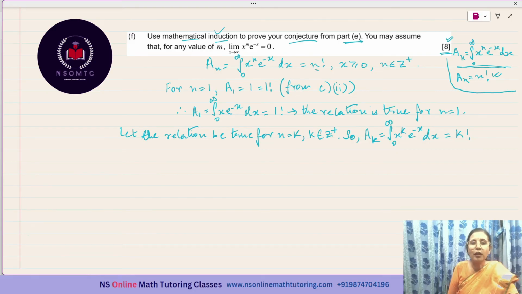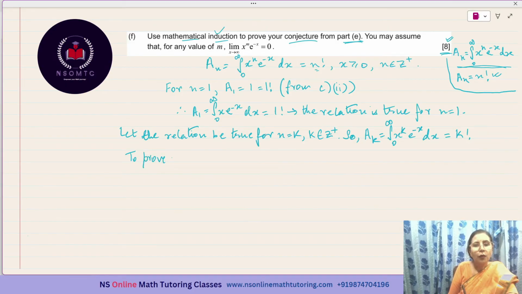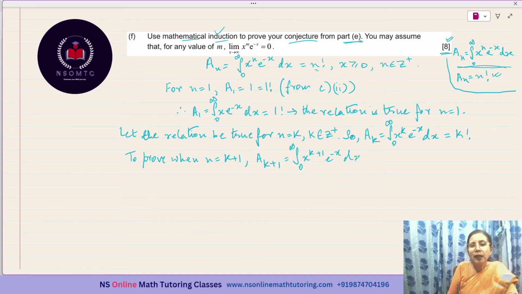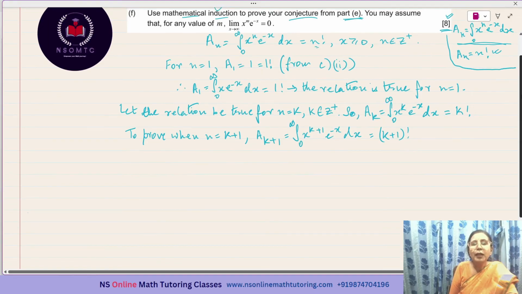We are assuming this to be true. Okay, so to prove when n equal to k plus 1, ak plus 1 equal to the integral from 0 to infinity of x to the power of k plus 1 e to the power of negative x dx is equal to k plus 1 factorial. Okay? Of course, using the mathematical induction process.